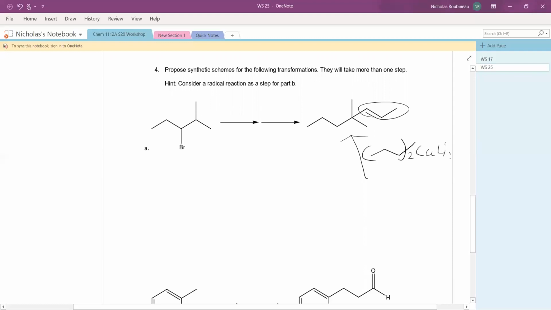You can draw it like that. And then I'm pretty sure it requires an ether solvent, so you should put THF. And what is that reacting with? What do these Gilman reagents react with usually?